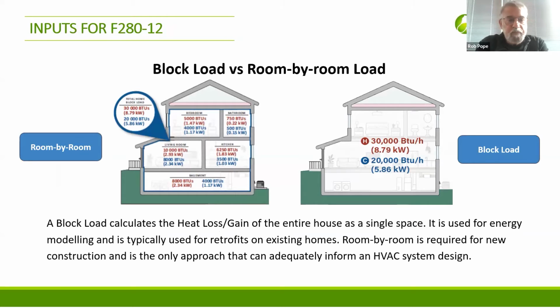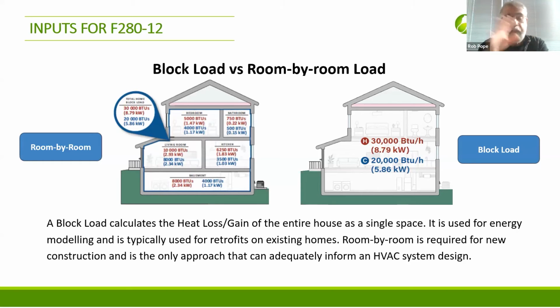Two kinds of loads. Block load, that's typically the Hot 2000 way of doing things, and room by room, that's the F280. It's okay in a retrofit to do a block load. Room by room is nice, but it's not critical. In a new construction project, it has to be room by room. You're designing a system. You're not using existing ducting, for example.